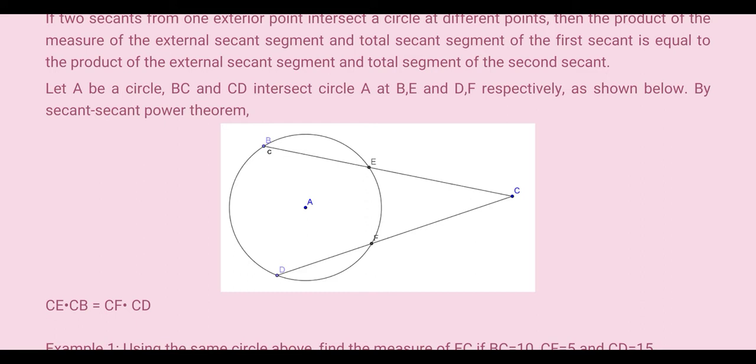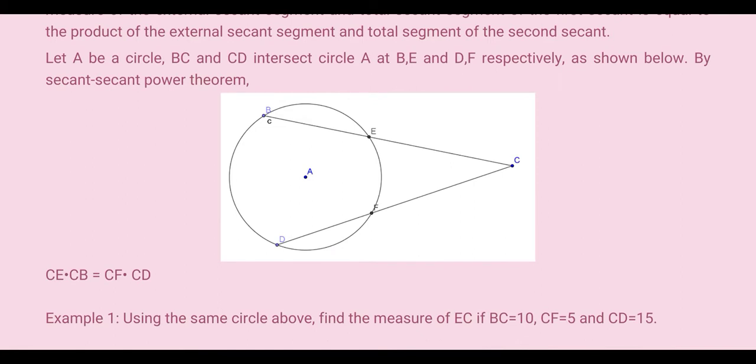Sa baba naman, we have CF, the external secant segment of the second secant segment, and CD is the total secant segment of the second. So pag minultiply mo yung external times total ng unang secant segment, equal yun sa product ng external and total ng pangalawang secant segment.